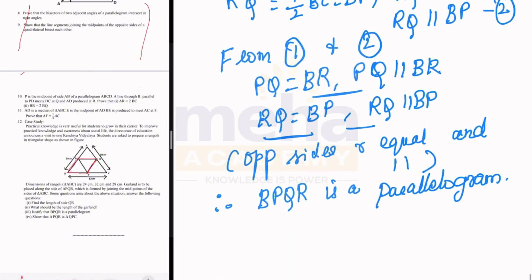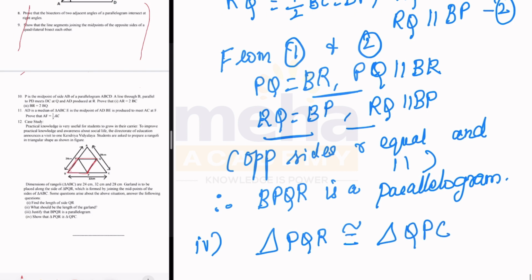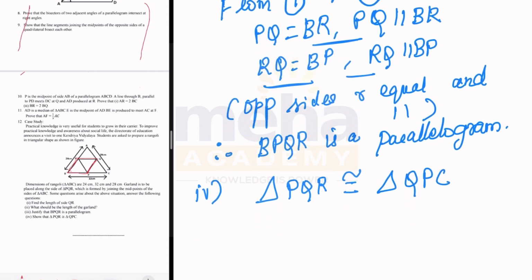Last one, we have to show that triangle PQR is congruent to triangle QPC. So where is the triangle PQR? This is the central triangle PQR. QPC is the shaded triangle, which I am shading now. So in triangles PQR and QPC, PQ is equal to PQ, which is the common side.